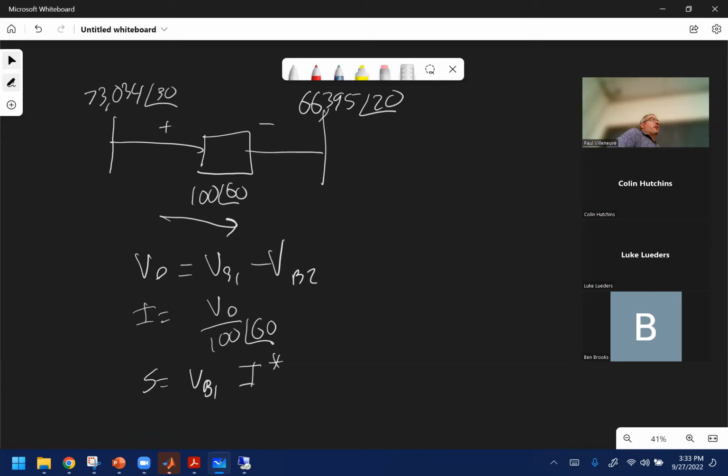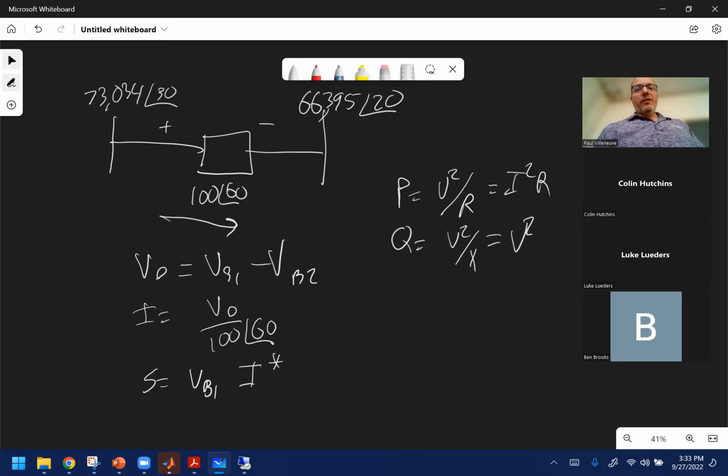This is a big no-no that we talked about at the beginning of the semester. We said that P equals V squared over R, or Q equals V squared over X, or P equals I squared R, or Q equals I squared X, right? We never once said S equals V squared over Z, did we?